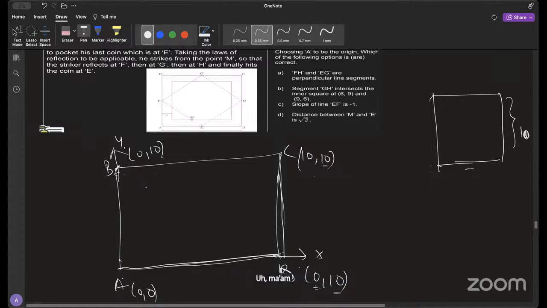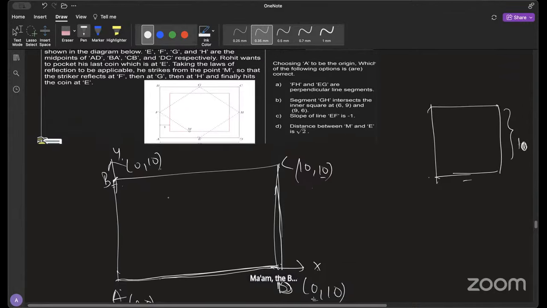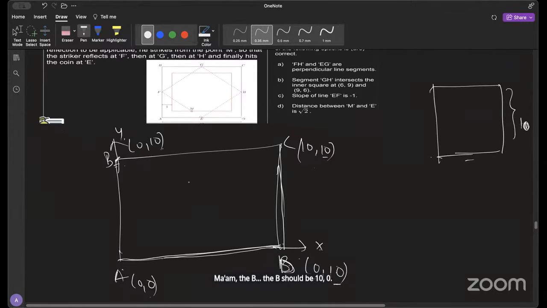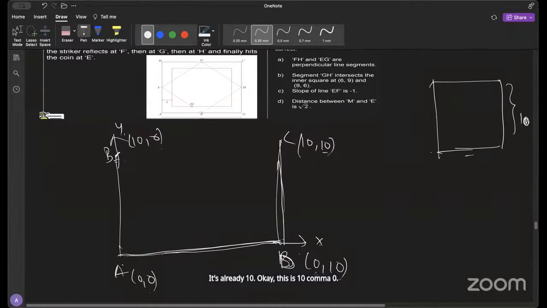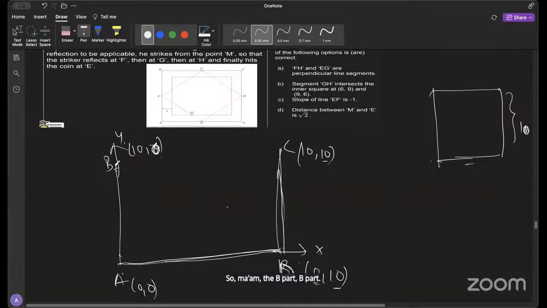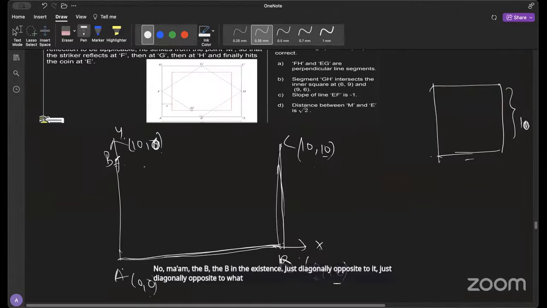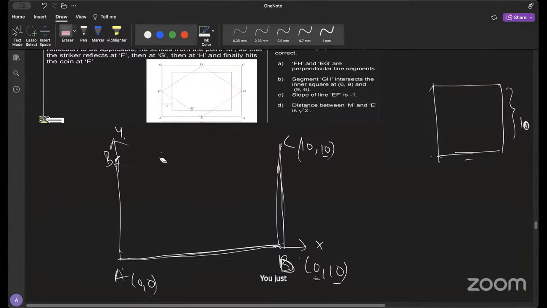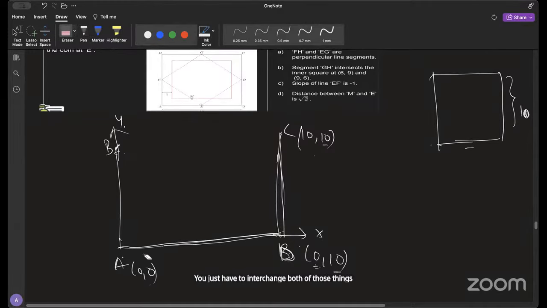Ma'am, the B should be 10, 0. Ma'am, the B is wrong, I think. Yes, ma'am, the B should be 10, 0. It's diagonally opposite to what you calculated. Okay, this one's incorrect then. You just have to interchange both of those things.